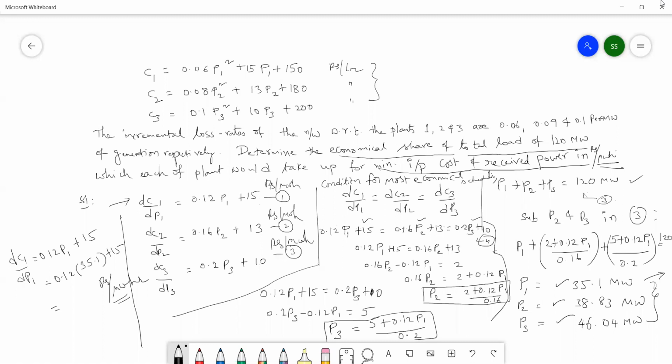How much is the value of dC1 by dP1? 19.212, sir, rupees per megawatt hour. Right.